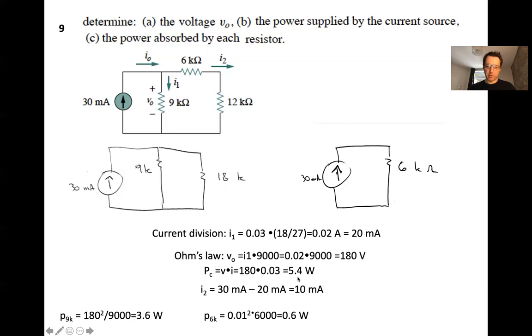So if we have 5.4 watts being generated by the current source, 3.6 dissipated by the 9 kilo ohm resistor and another 0.6 dissipated here, what's left is 5.4 minus 3.6 minus 0.6, which is equal to 1.2. Another way of getting that 1.2 is to apply power equals I squared times R, which is 10 milliamps squared, so 0.01 squared times 12,000, which gives you the same answer of 1.2 watts.